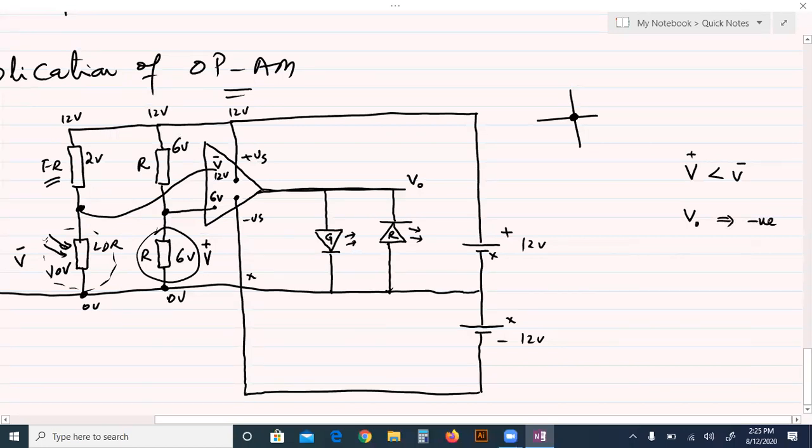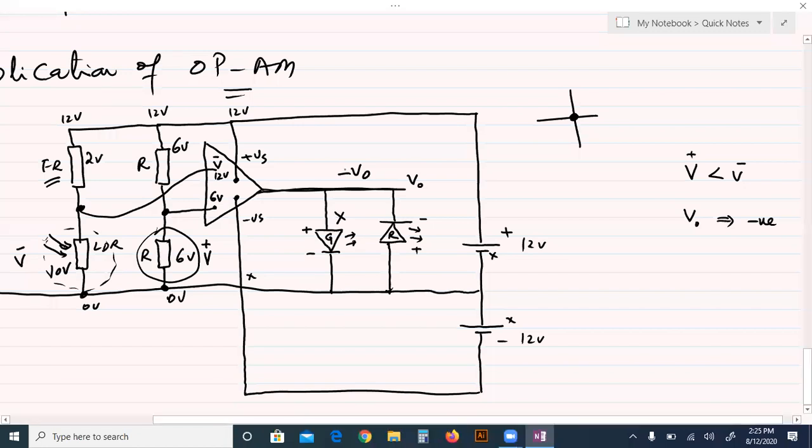So due to this difference, here is the negative output, and due to negative output voltage, this is a negative, this is a negative, this is positive. So this green LED is reverse biased because its positive terminal is connected with the negative. So no current through this green LED.